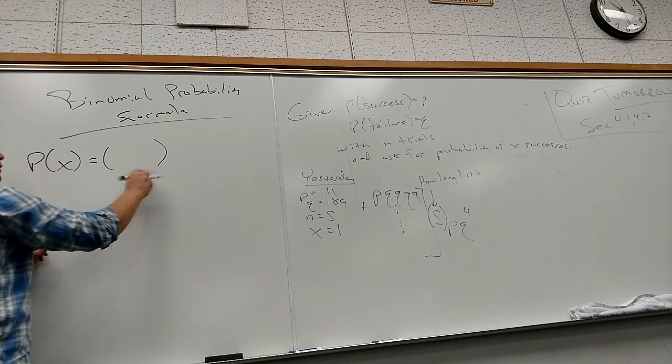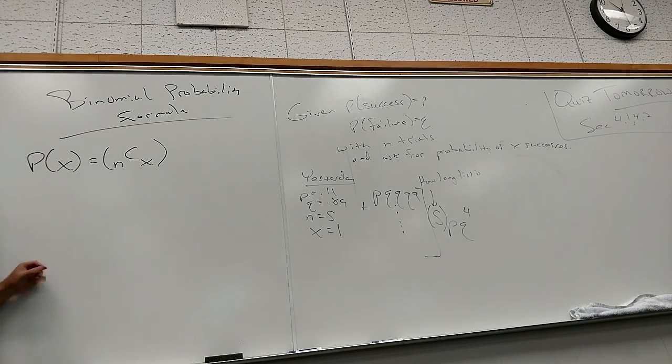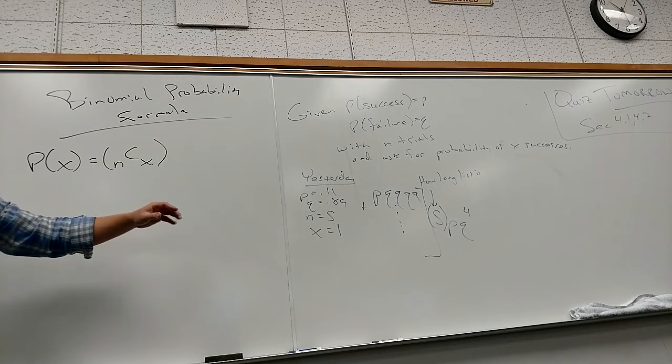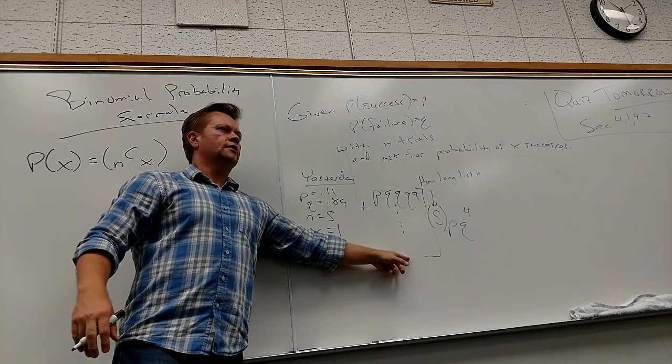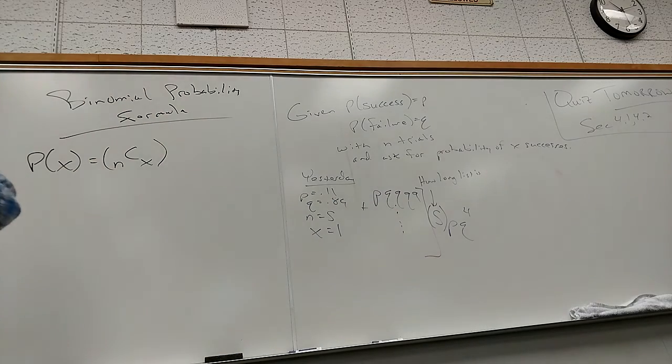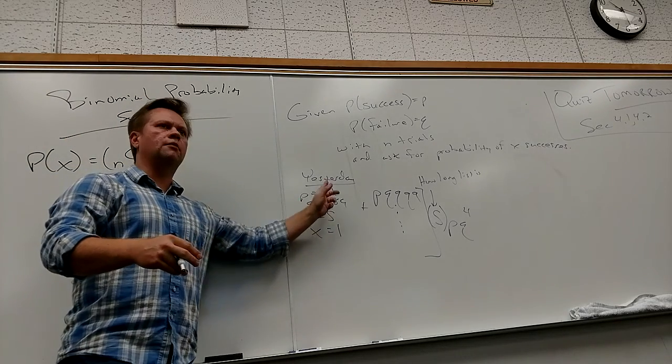This is the piece we're going to talk about right now that you do in the calculator. This is the symbol used. And let me break this down for you. A way to say this is I've got 5 people, and how many of those people do you want to choose to do something? I want how many successes in this problem? 1.